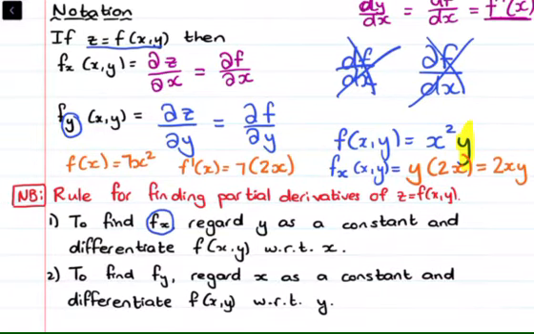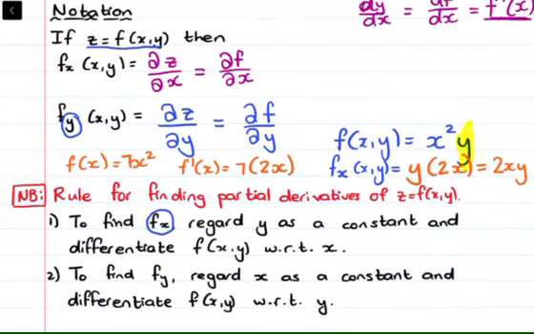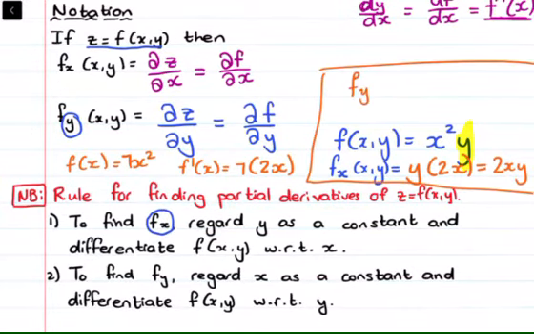Okay, so now let us see what happens if you have to find the partial derivative of the very same function with respect to y. So what you do, rule number 2 says to find f y, you regard x as a constant.